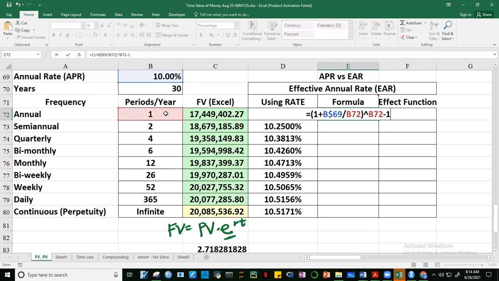And then minus 1. So we can compute for the effective annual return, effective annual rate using this formula. 1 plus the nominal rate, or the APR, divided by your periods per year, everything in parentheses, then raised to the PPY minus 1. Okay, so we get the same answer.